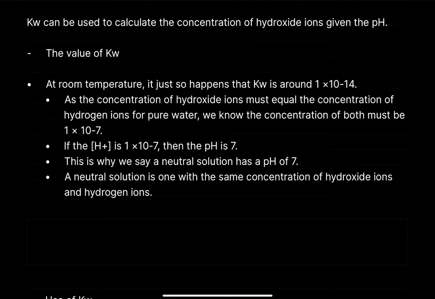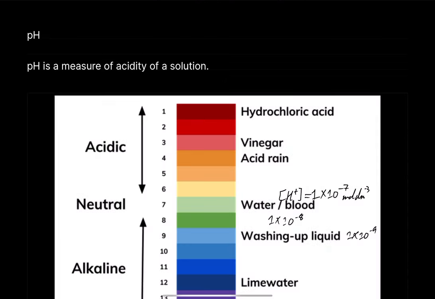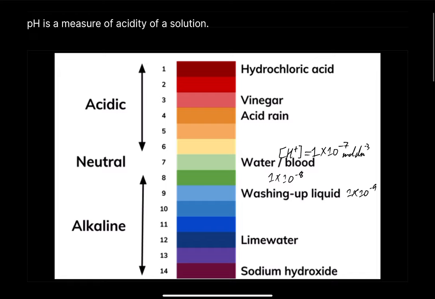If the H plus concentration is 1 times 10 to the power of minus 7, then the pH is 7. I talked about this in my previous video, where I went back to this scale here. If we have 1 times 10 to the power of minus 14 in total, of both H plus concentration and OH minus concentration, that's the reason why blood isn't technically exactly 7.